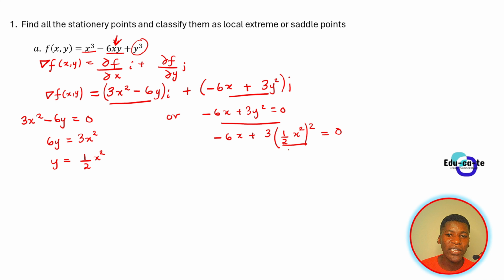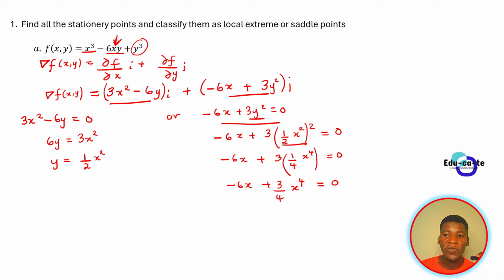Remember that 1 over 2 x squared is the whole value of y, so you substitute it with this y here. And simplifying, this is negative 6x plus 3 into 1 over 4 x to the power of 4 is equal to 0. And then this will be negative 6x plus 3 over 4 x to the power of 4, which gives you 0.